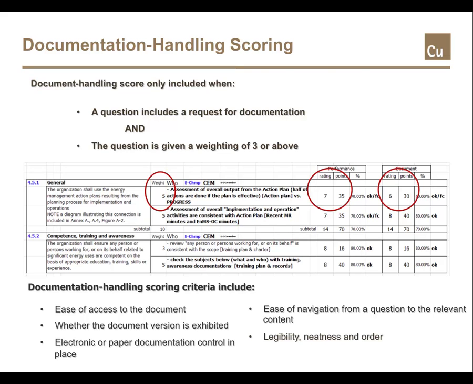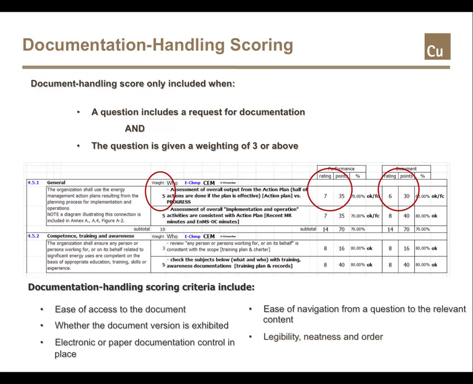It's an important issue. In fact, document handling scores are only taken into account for questions of importance, which have been given a weighting of 3 or more. No matter what the rating is, if the weighting is less than 3, no score will be recorded.